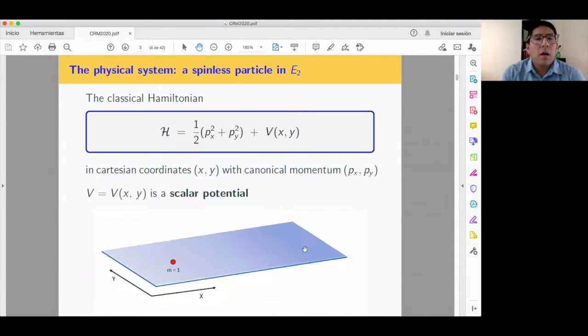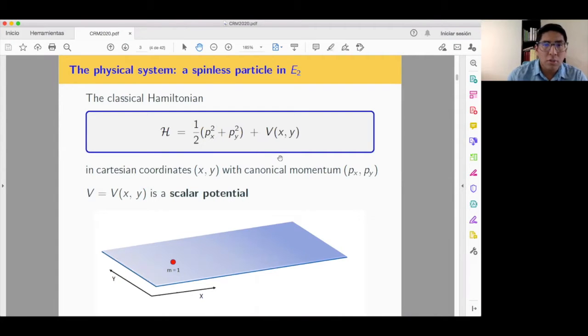The system I will deal with is very simple. I have a spinless particle on the plane, the Euclidean space E2. The classical Hamiltonian is presented here. As usual, we have the kinetic term plus the potential.